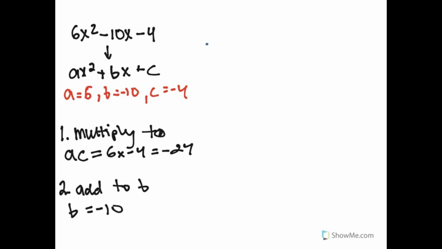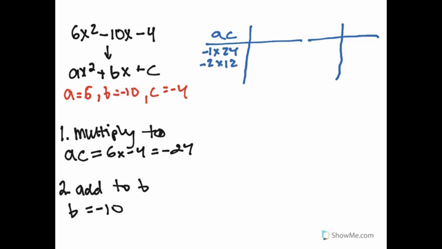So now let's make a table. I'm going to do two here so I still have space. The first column will just be AC. So what are our factors of negative 24? We have negative 1 and 24, negative 2 and 12, negative 3 and 8, negative 4 and 6.